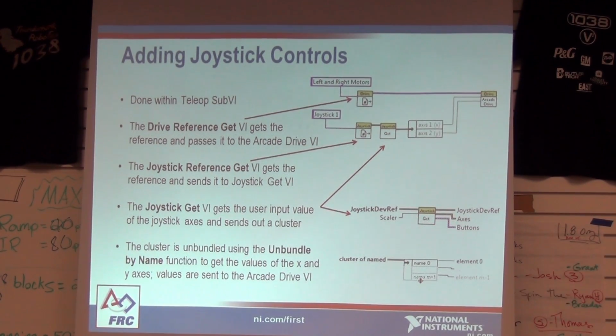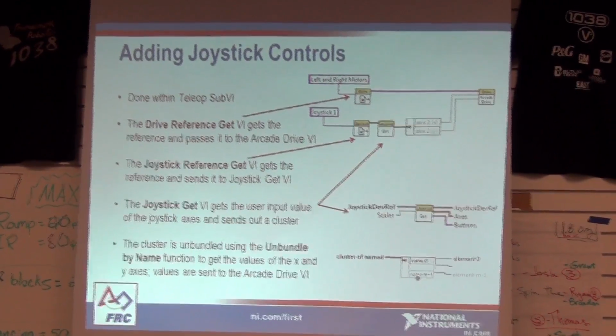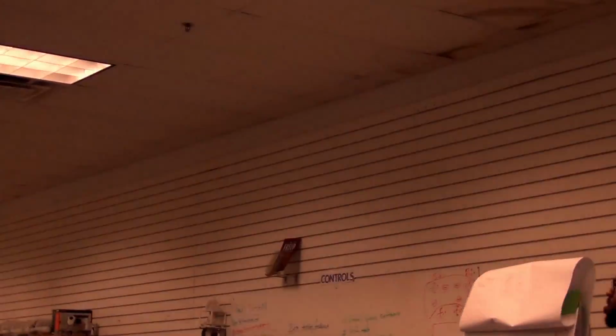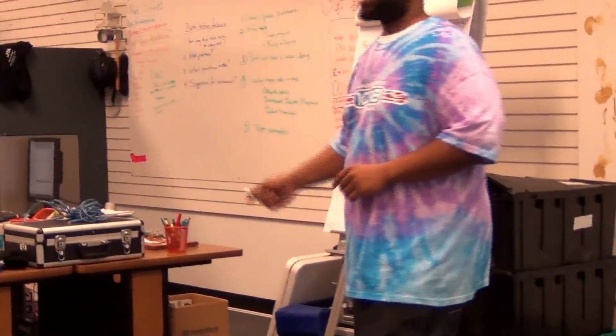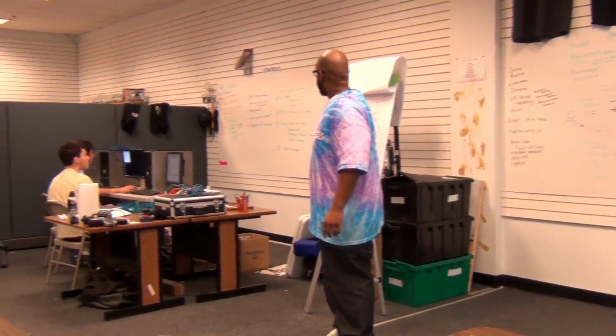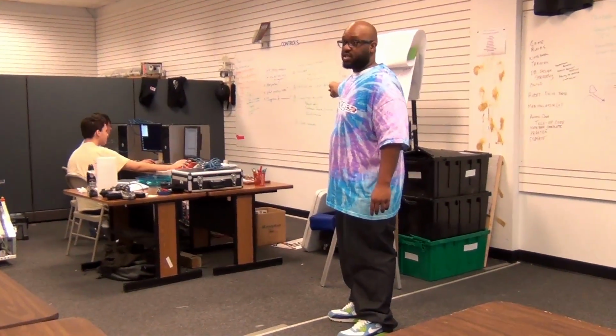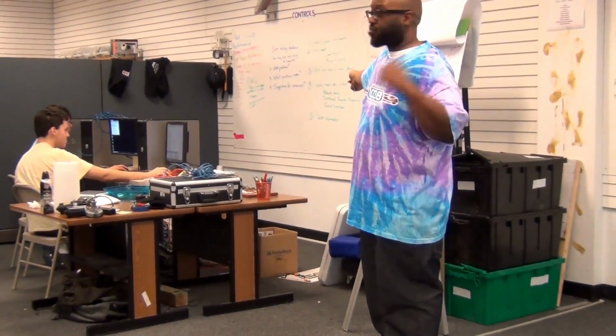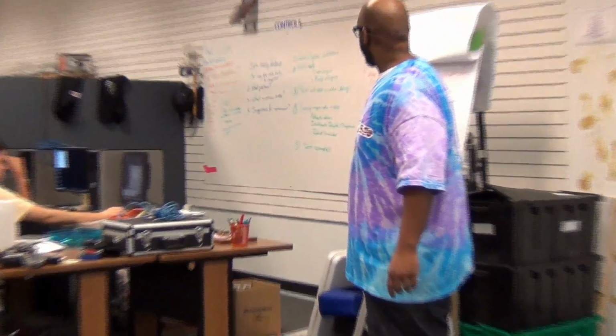If you look over really quickly, I don't know if you all can see this, but up on our board we've drawn a joystick. It labels which axes numbers to reference in our program, and also what the button numbers are.